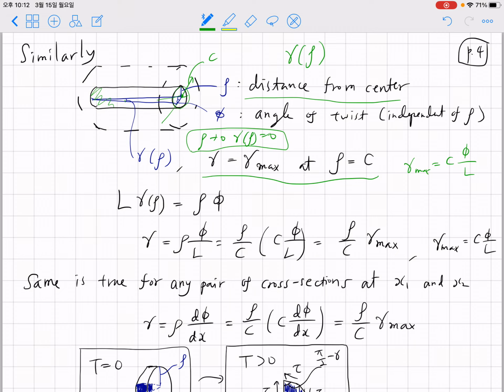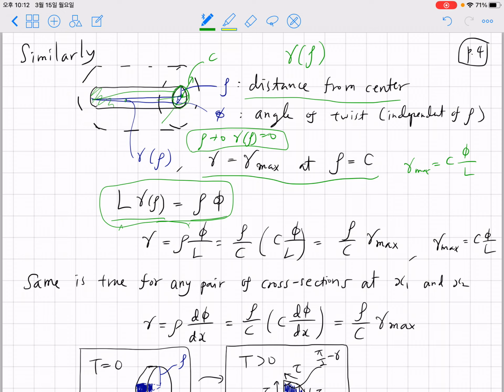So at rho equals C, gamma is C phi over L. Now for any radius rho, we can say that L times gamma must be the same as rho times phi. So this equation must be satisfied for any rho.